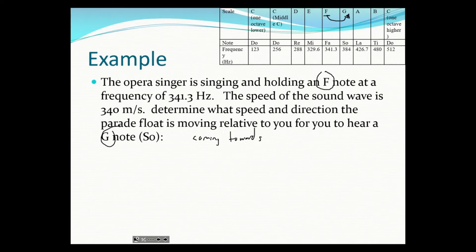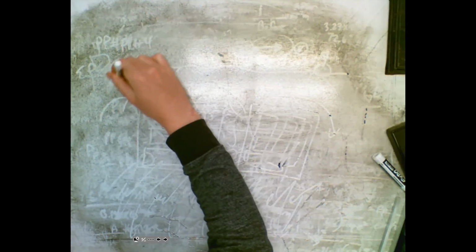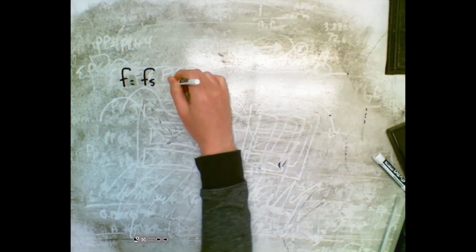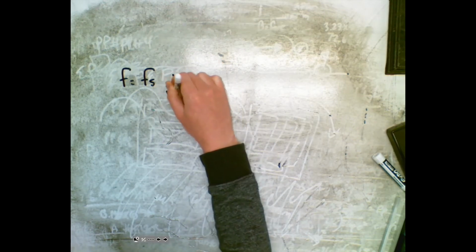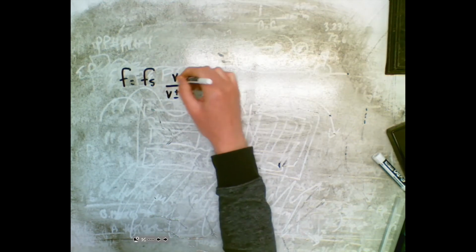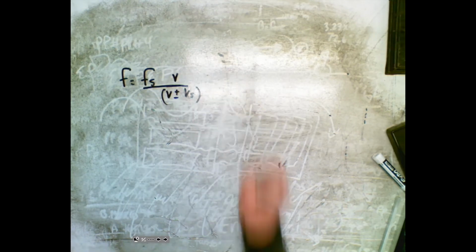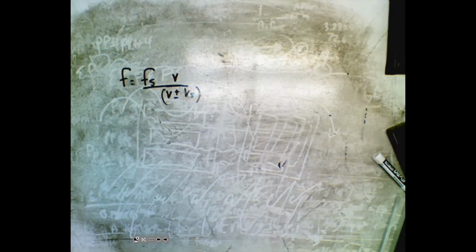So now we can use that formula and we can rearrange it. I'm going to switch to this screen here. So our formula is F equals Fs times V over V plus minus Vs. This is how I usually write it, which is a little different, but I find that's a nicer way of writing it.